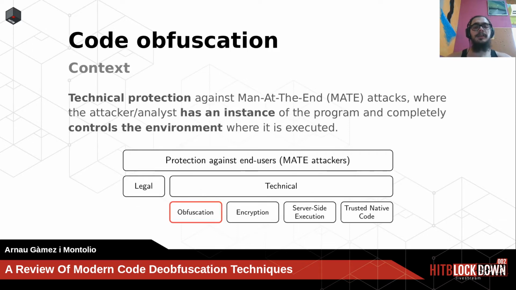So let's begin. When we talk about code deobfuscation, we have to place the context in the area of technical protections against man-at-the-end attacks, which are those attacks where the attacker or the analyst has a complete instance of the program and controls the environment where it is executed. As you can see in this diagram, obfuscation lies under the technical aspect of the protections, where we also have legal protections as well.